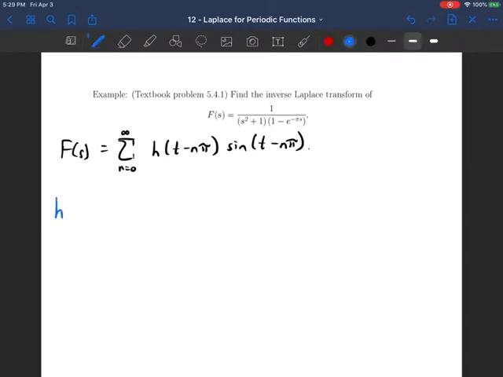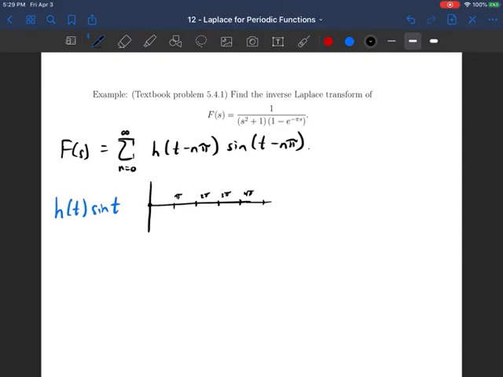So let's just take a quick look. If we have h of t sine t, which is when n equals 0, what is the graph of that going to look like? Well, it's going to look something like this.